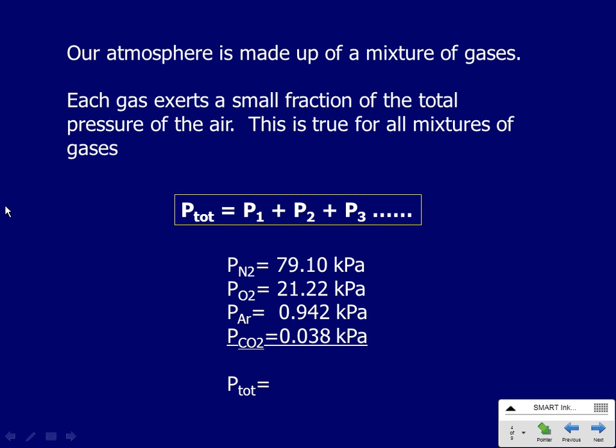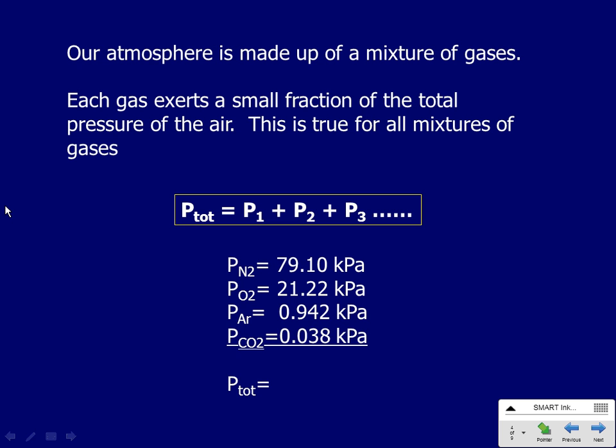Here I have the top 4 constituents in the atmosphere. And these top 3 are pretty constant. The amount of nitrogen in the atmosphere does not change by much.